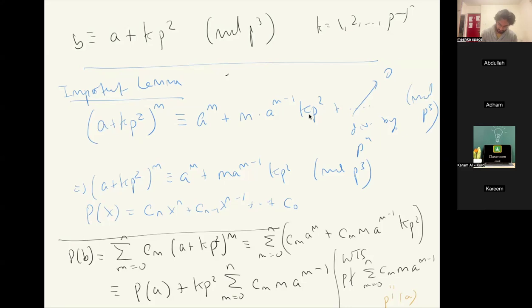But really we want to understand this expression. We want to understand that it's not divisible by p. So let's rewrite our problem. What do we want to show?